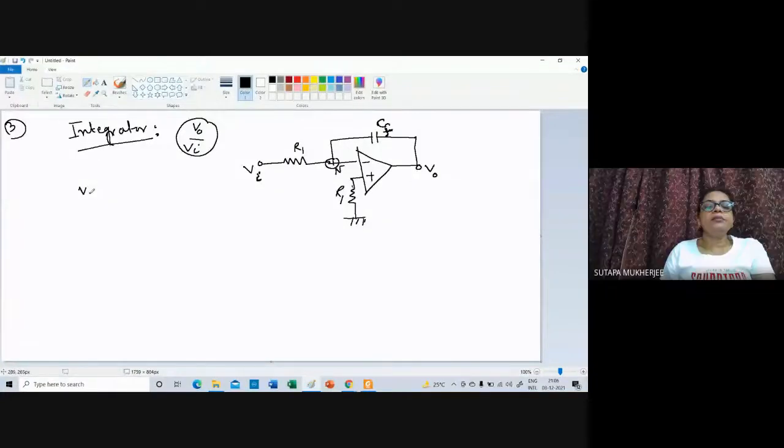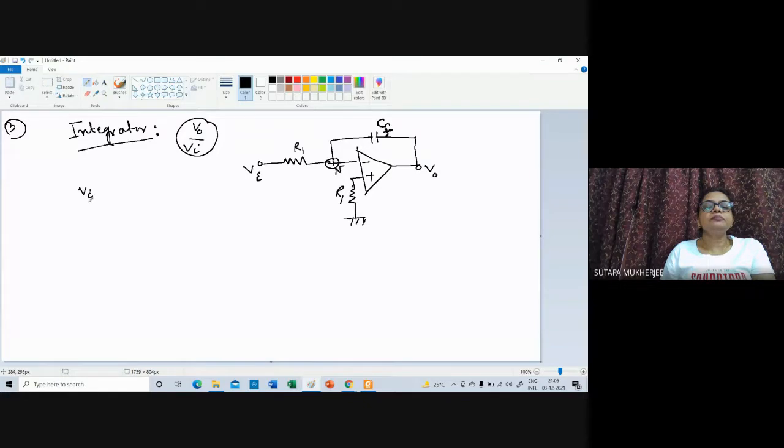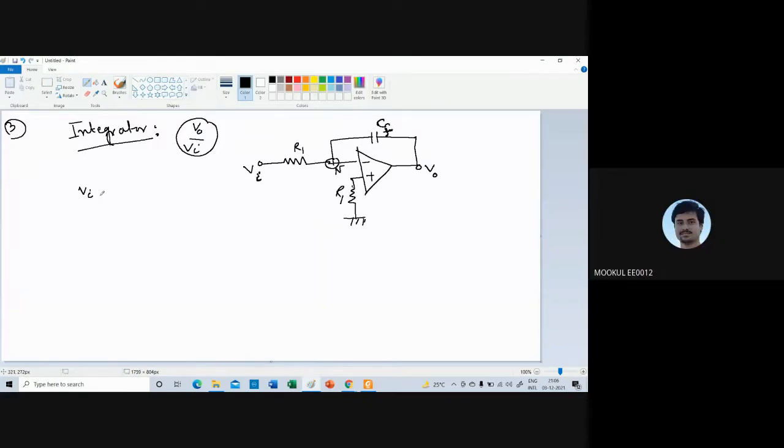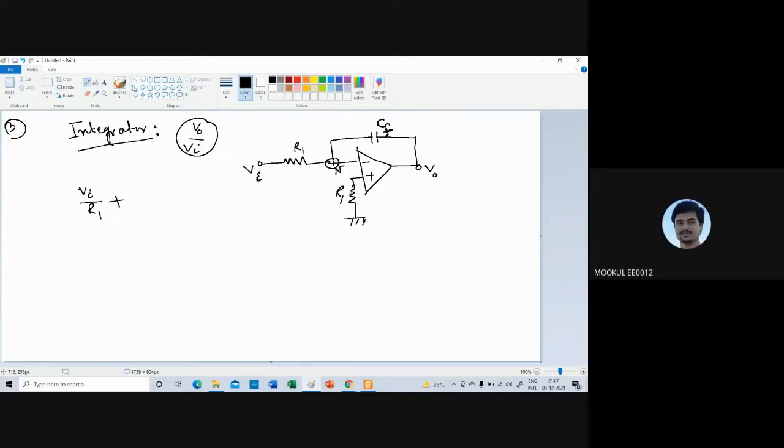That is, what will be the current passing through R1? VI by R1, plus 0 minus V0 divided by the feedback capacitor, that is CF dV0/dt. Very good.